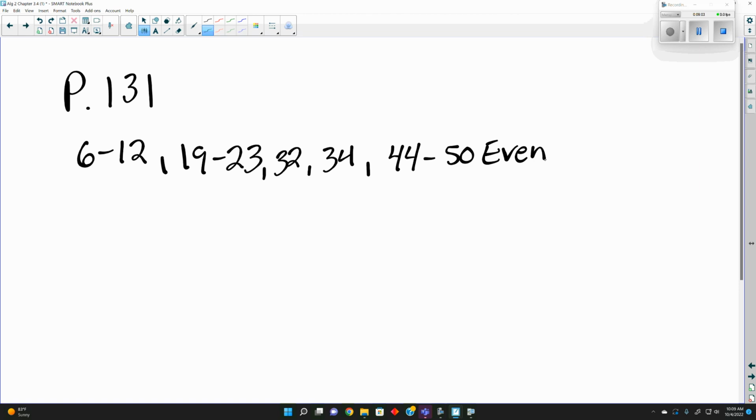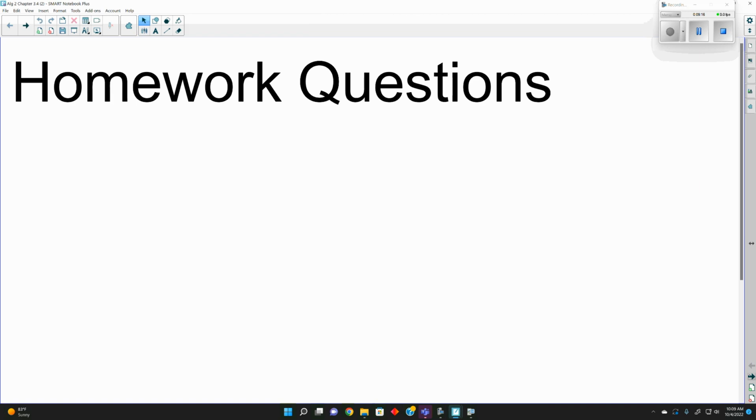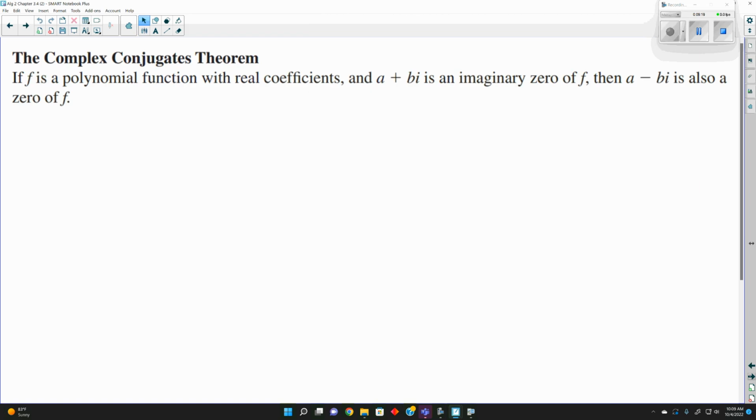So 6 through 12, 19 through 23, 32, 34, and 44 through 50 even. So we'll look at the other sheet.